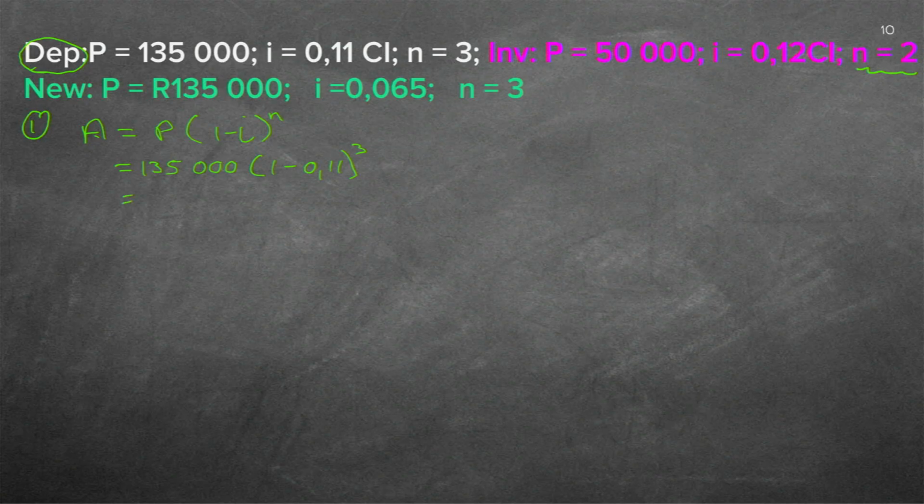And if you click that on your calculator, it gives you 95,170.82. This is the depreciated value after 3 years. So that is what your computers would be worth after 3 years.